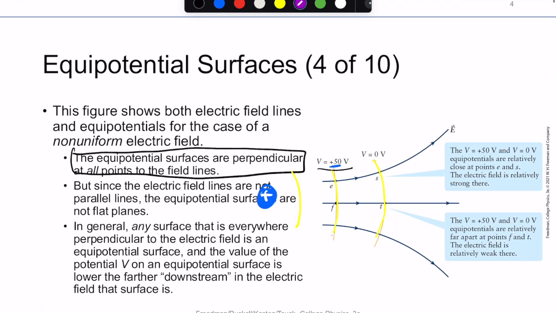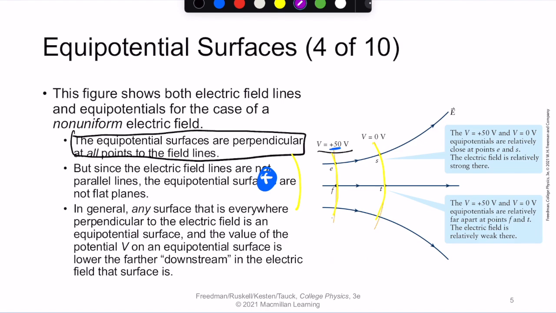So here's another schematic of some electric field lines. These are not necessarily uniform; they're curved. But that doesn't matter, because if you draw a line that's perpendicular to every point on that blue curve, then you have yourself an equipotential.